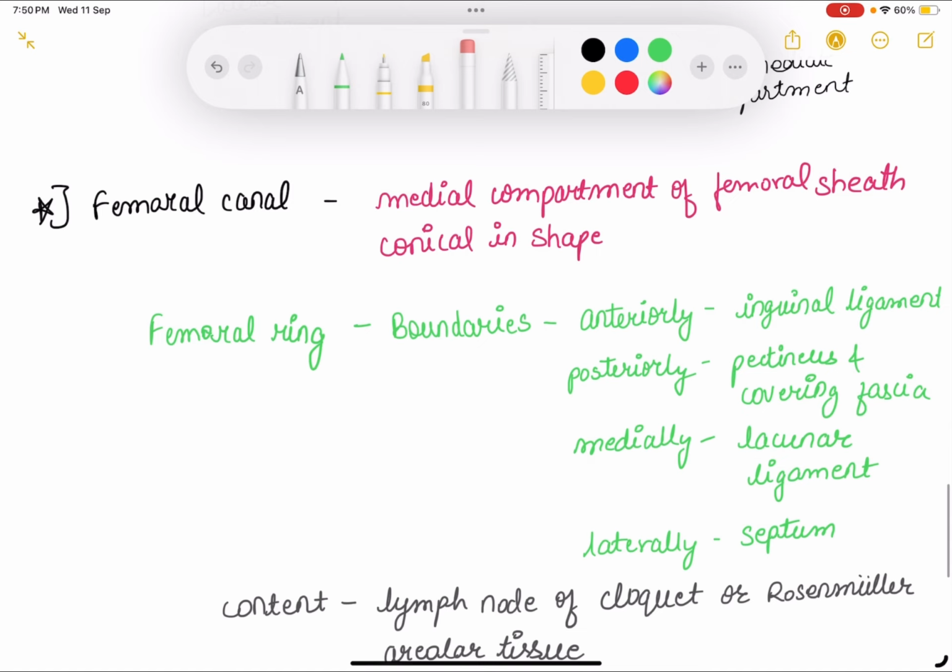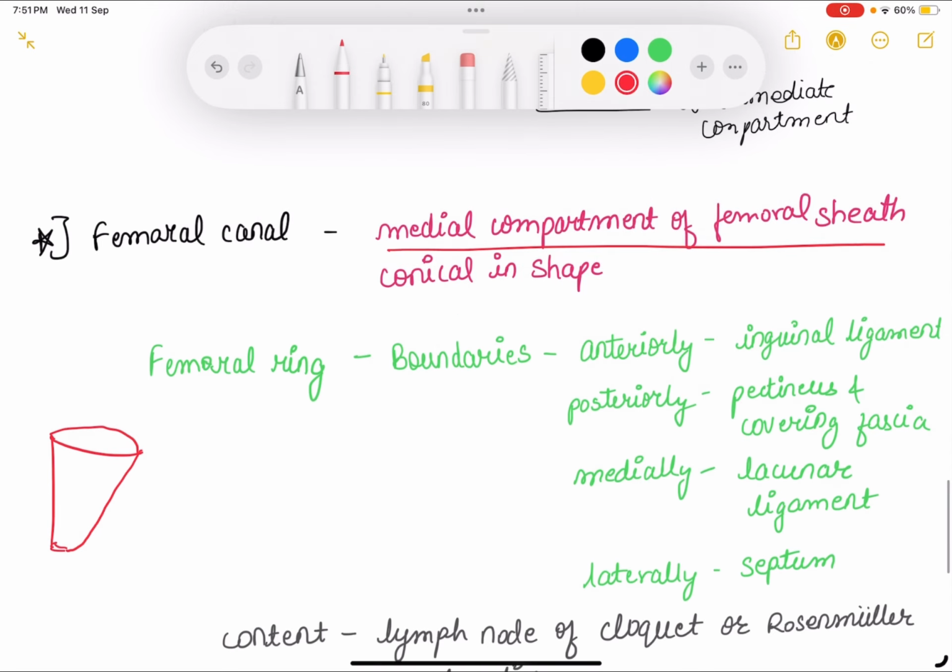Now let us look at the femoral canal. Femoral canal has very high clinical importance. The femoral canal is nothing but the medial compartment of the femoral sheath. It is conical in shape. So just imagine as if this is your femoral canal.